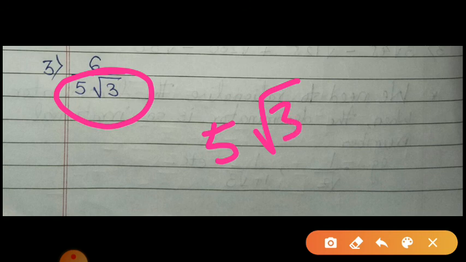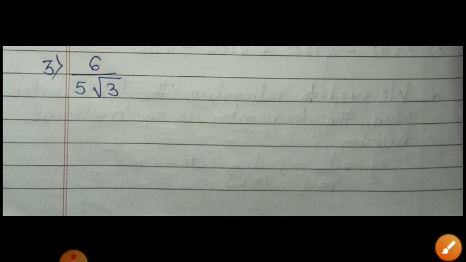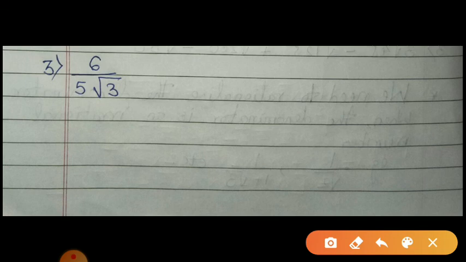Okay. So it is what? A monomial itself. So is it rational or irrational? It is an irrational number. So what I have told, if the denominator is an irrational number, then we have to multiply your numerator and denominator by that irrational number.